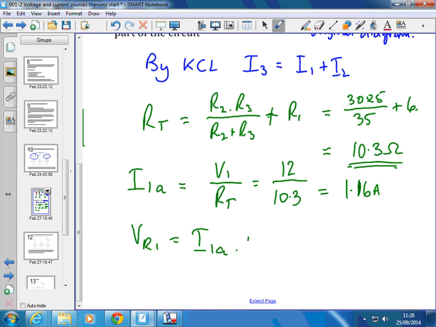I1A times R1, 1.16 amps times, what's the resistance of R1? 6.96, is that?